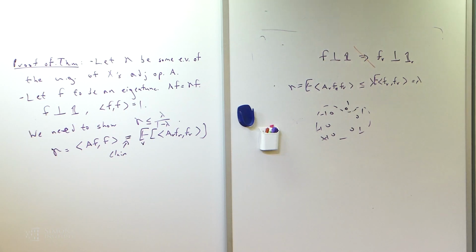So let's decompose every local function into what we call fv0 plus fv_perp, because we're doing it locally, where fv0 is just some constant times the local all ones vector, and fv_perp is just the component that's perpendicular to it.